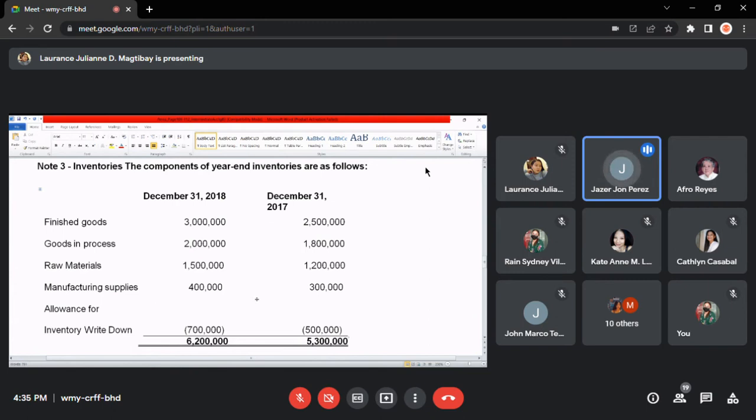Pinag-plus yung finished goods, goods in process, raw materials, and manufacturing supplies, tapos dineduct yung allowance for inventory write-down. And the total is 6,200,000.